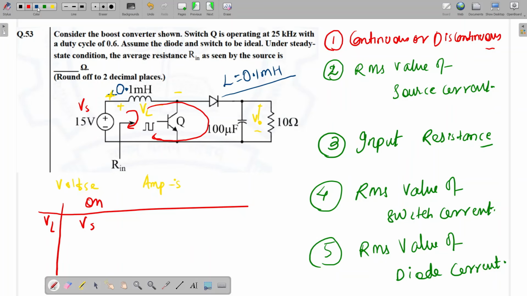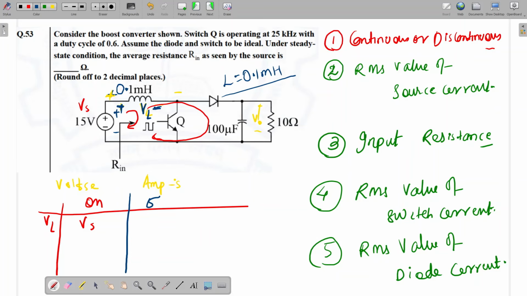See here, this is VS and this is VL. If this switch is on, this will be shorted. So VL will be equal to VS. Is it clear to all? During the on duration, the inductor voltage plus minus is VL. Is it clear?